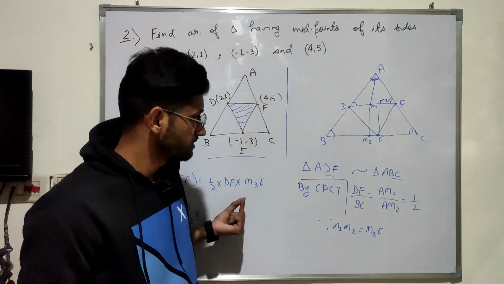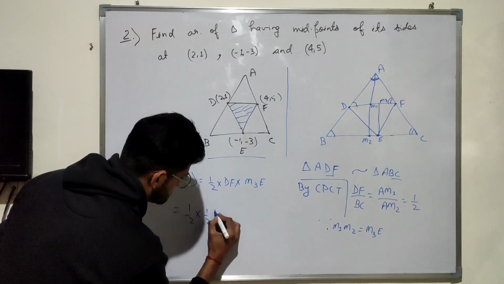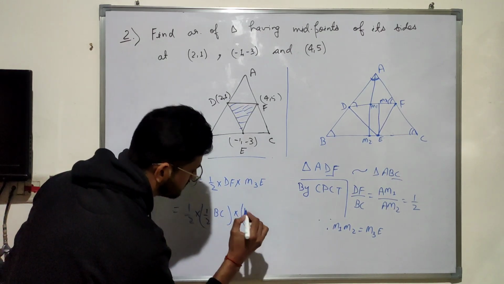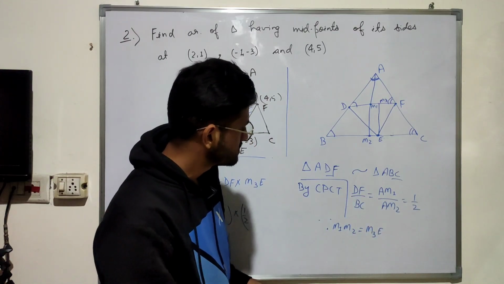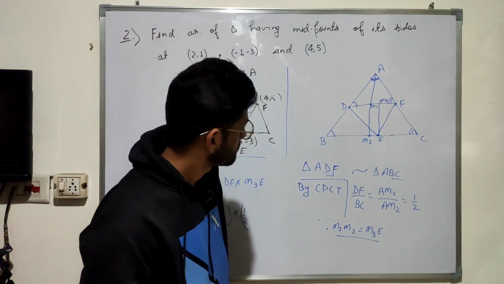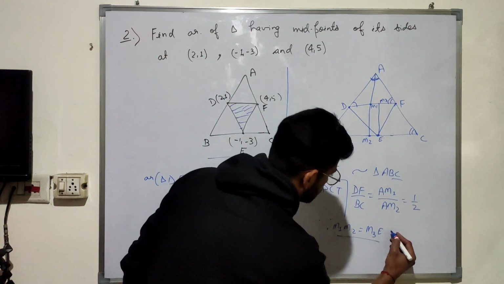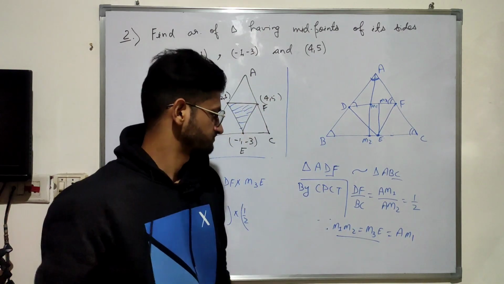In terms of DF, in place of DF, what can we write? Half of BC. Similarly, in place of M3E, we can write AM1. Since M3 is equal to M1, M2, sorry, M3 is going to be equal to M1, M2, and this is equal to AM1.